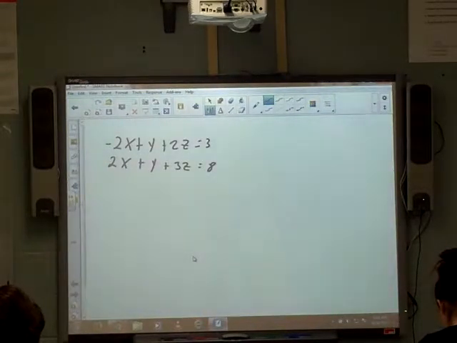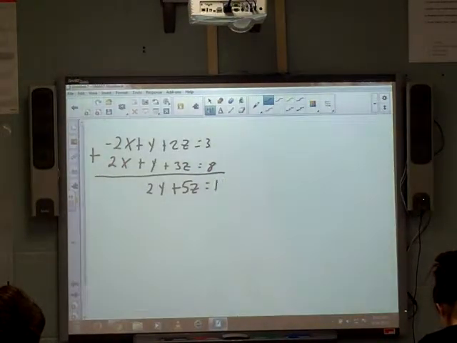Now on this you could be getting rid of either the x's or the y's. Where are the x's? I did the x's. Good, Landon and Chloe. I added this. That's nothing, gone. You get 2y. I love it, Landon. 5z and 11. Okay.